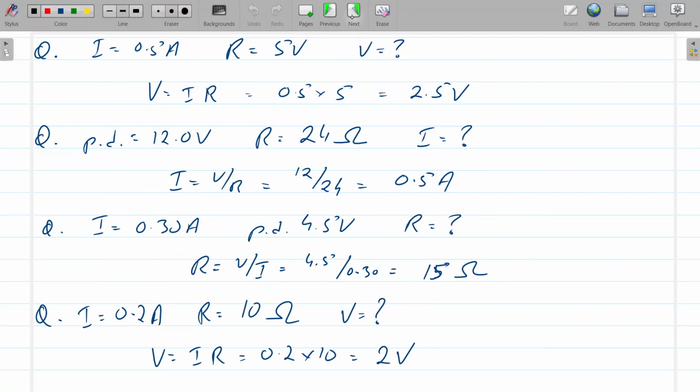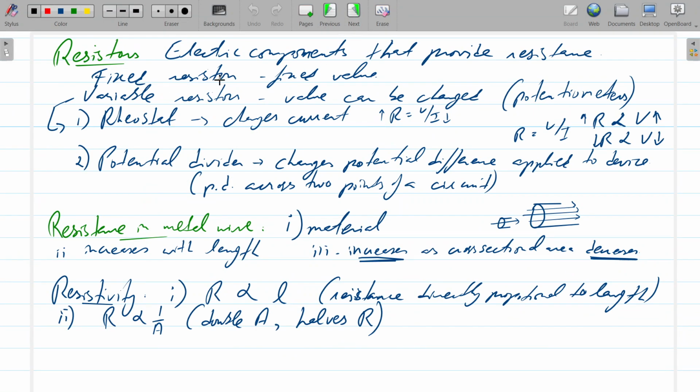We did a few numericals. Resistors are components that provide resistance. We can have fixed resistors which have a fixed value. We can have variable resistors in which the value can be changed. If they affect the current, then they are called rheostats. If they affect the potential difference across a device, then they are potential dividers.